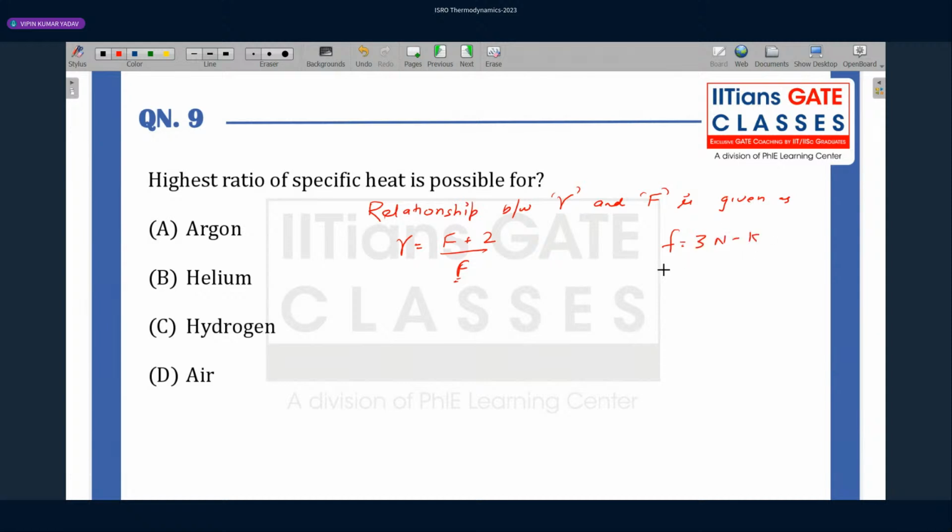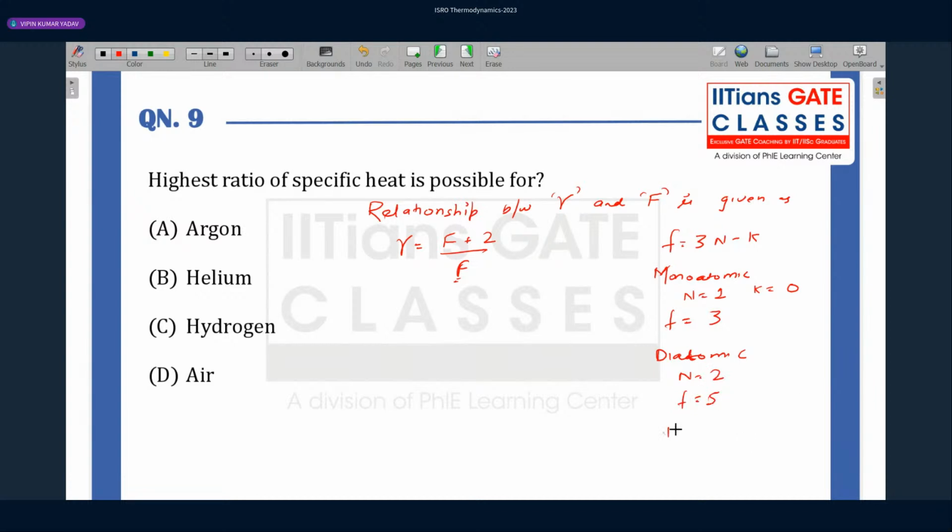Okay. Now for monoatomic gases, N is equal to 1 and K is equal to 0. So F is equal to 3. When I talk about diatomic, N is equal to 2 and F is equal to 5.